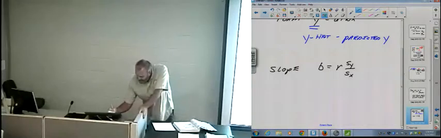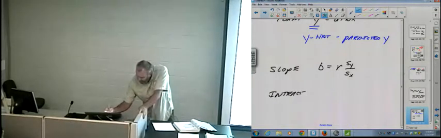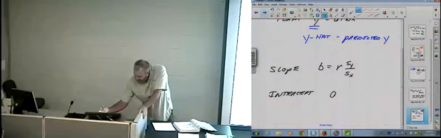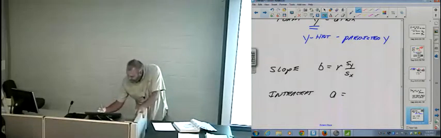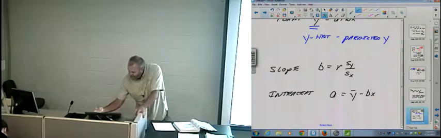And then you have the intercept, which is our A, and it's given by the mean of the y's minus b times the mean of the x's.